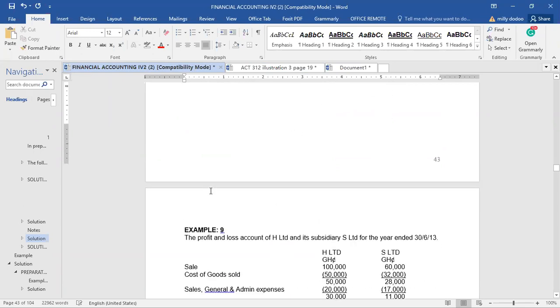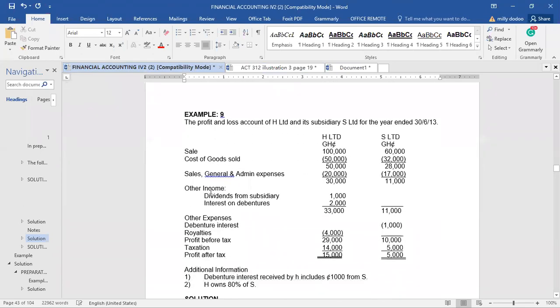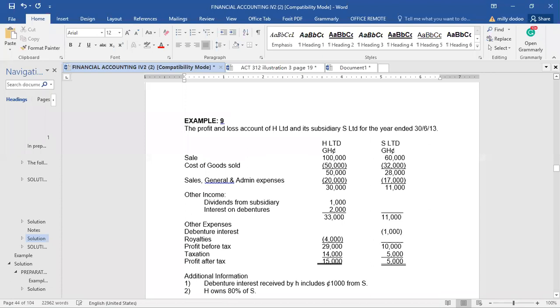So those who are having their questions, this is the question. You can screenshot it. This is the very first illustration we'll be looking at.